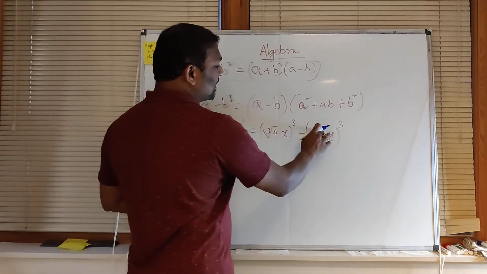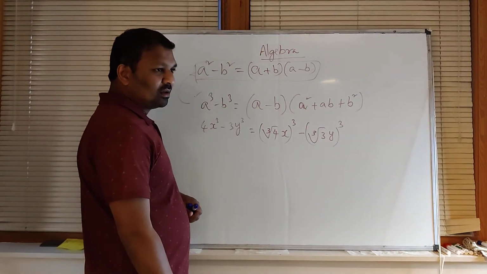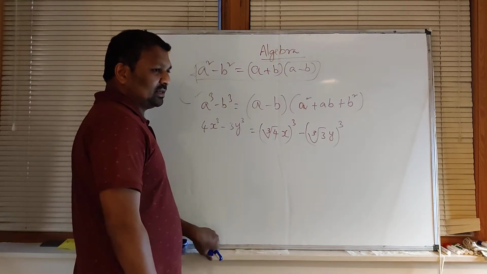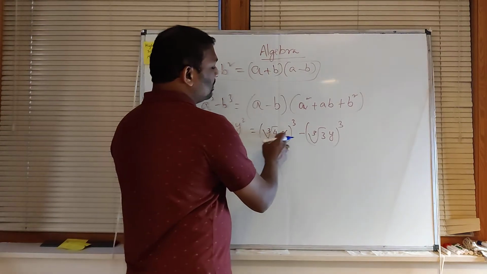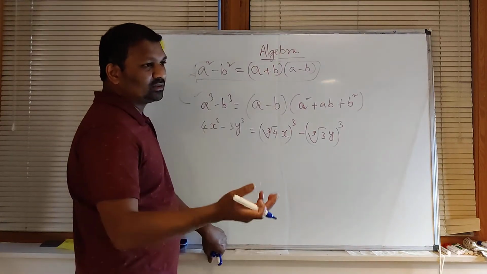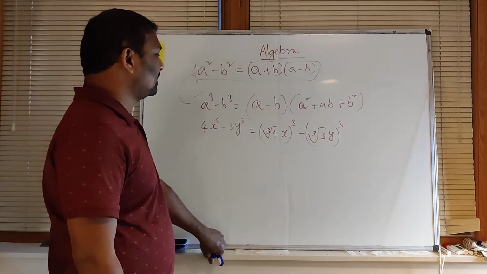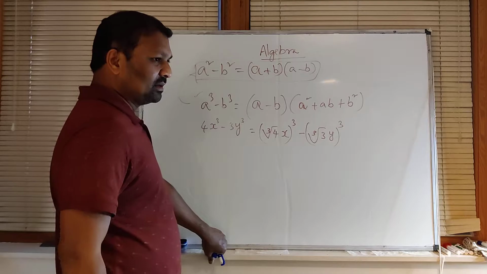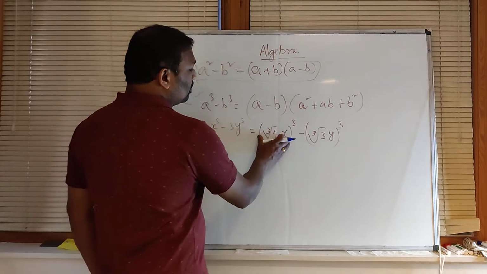If it is 27, you straight away put 3, because the cube root of 27 is 3. But for 4 or 3, where there is no perfect cube root, you put it this way. So now a cube minus b cube.